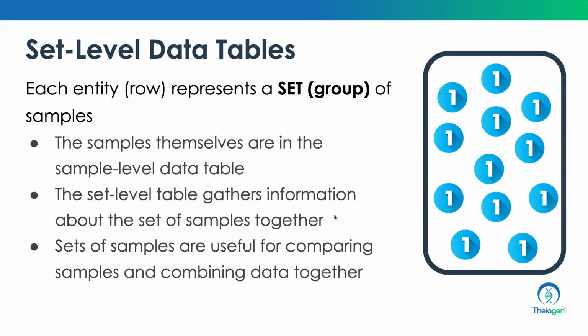So unlike a sample level data table where each row represents a single sample, on the set level data table, each row represents a set or a group of samples. So these samples themselves are actually on the sample level data table, okay? And then the set level data table gathers the information about the set of samples together.